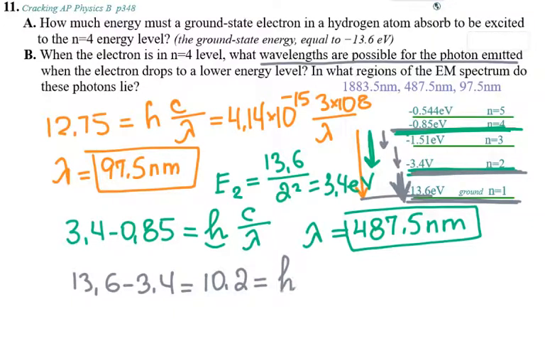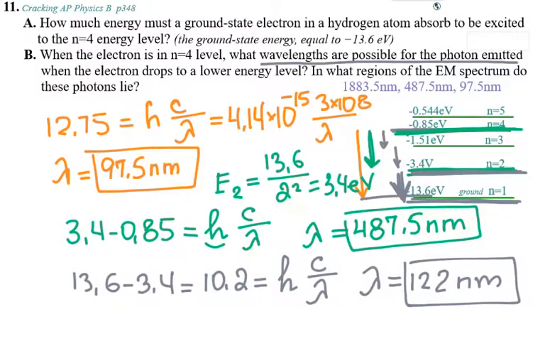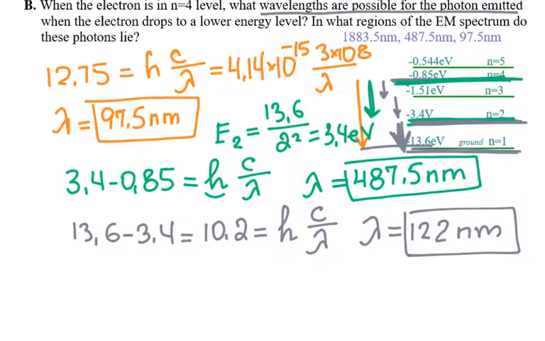And again, it's Planck's constant times c over lambda. In this case, I get lambda equal to almost 122 nanometers.